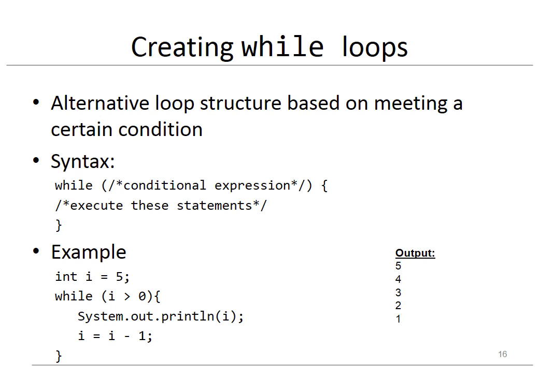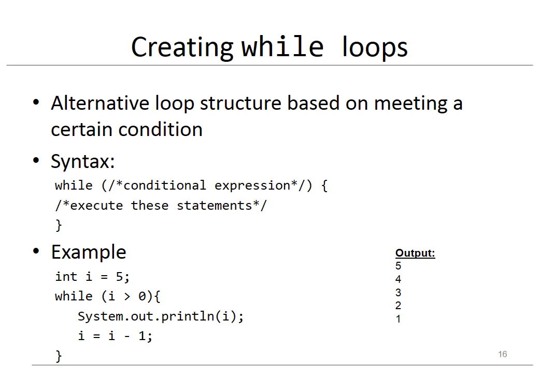A while loop is an alternative loop structure that is based on meeting a certain condition instead of iterating a set number of times. You can see the syntax displayed here together with a small example. In the latter, you can see an integer variable I initialized to 5. The while loop then first verifies if the condition is true.